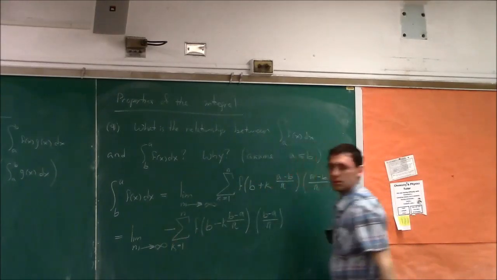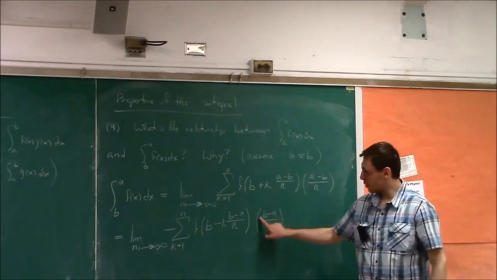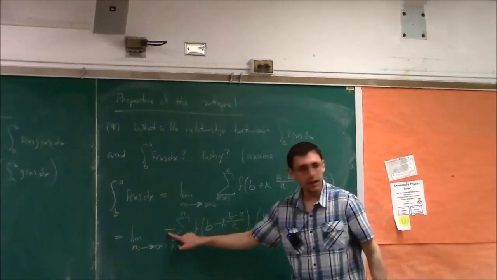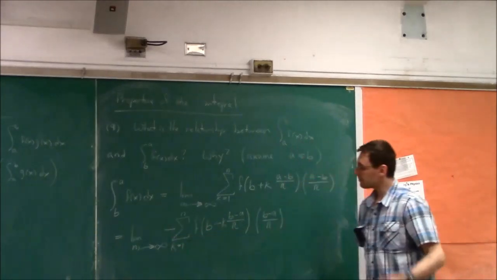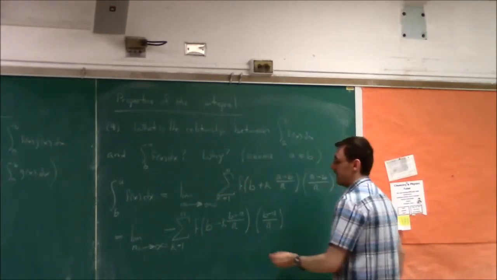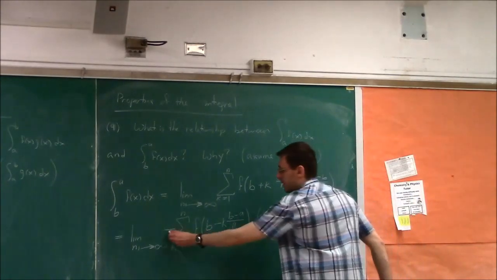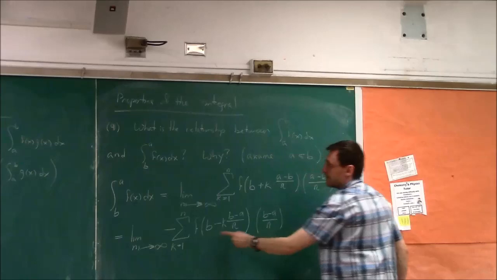I can factor it out. You all see that? I took the negative from here, I moved it out of the sum. Now, do you recognize this limit inside of the, so ignoring the minus 1, what is this sum?